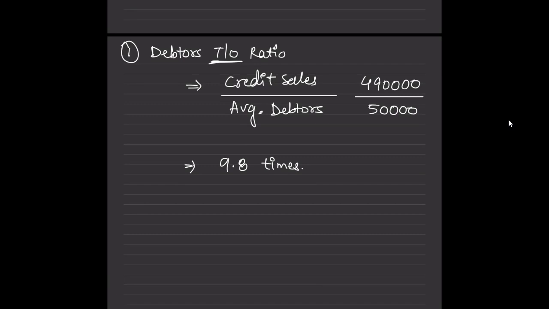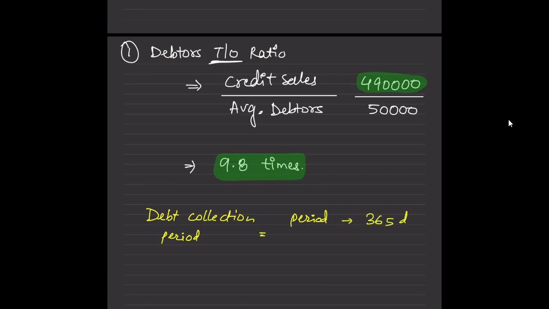Sir, what does this 9.8 times mean? That means out of all the sales throughout the year, 9.8 times I have received the money from the debtors. So if I want to calculate the debt collection period, that is, in how many days I am collecting the money from my customers, it would be whatever period you want. Let's say they have asked you to take 365 days.